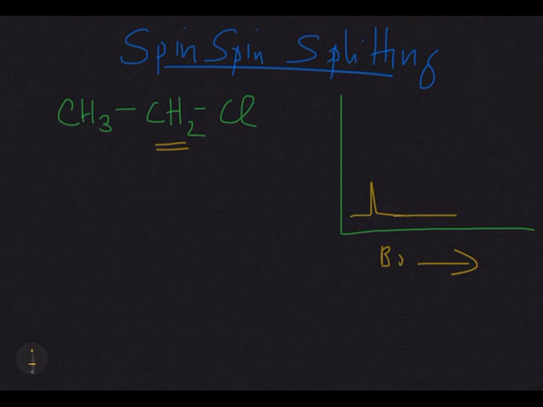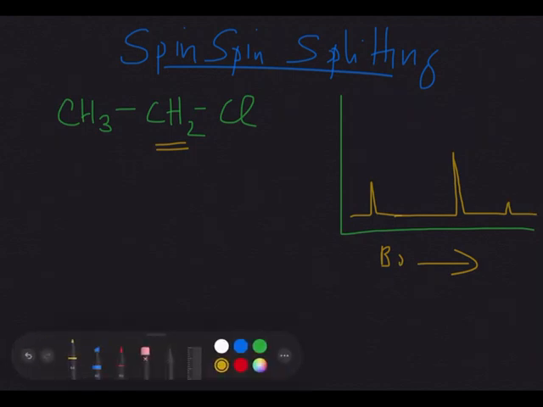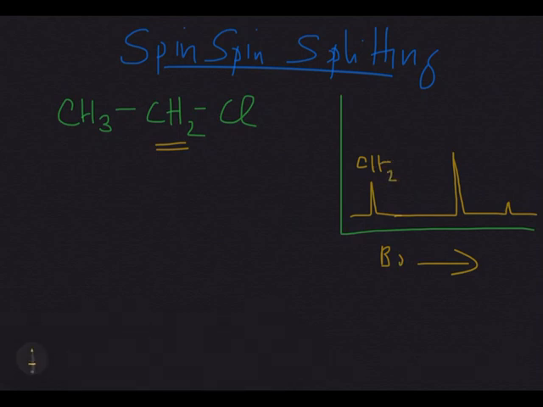And then we get the peak for the CH3 proton, and finally we have the peak for TMS. So we cannot count the peak for the TMS signal when we are talking about the number of signals.